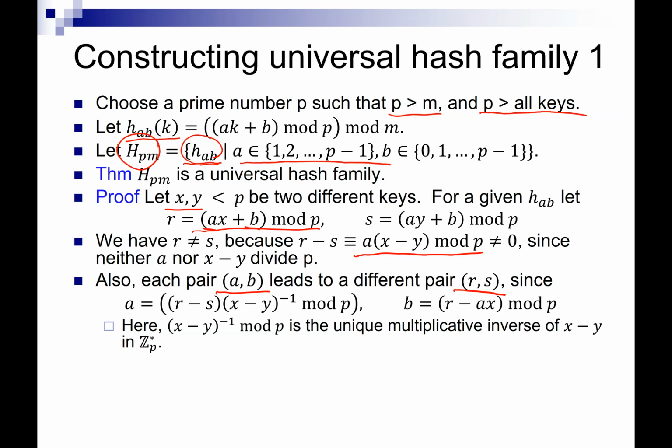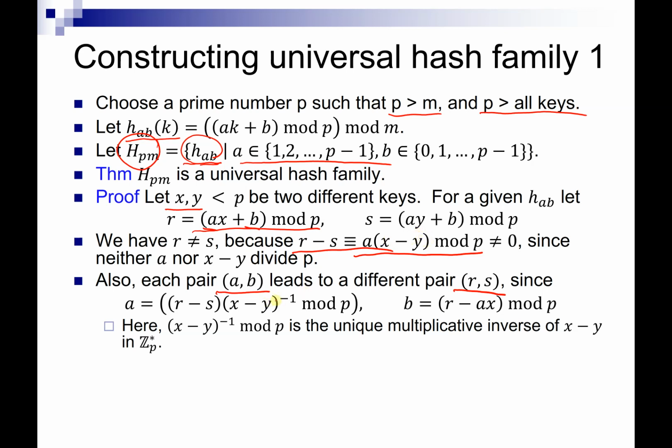In particular, we have that r minus s equals a times x minus y modulo p. So we can just do r minus s times the inverse of x minus y. This is kind of like dividing by x minus y, except that when you're working modulo p, you can't really divide. You can just multiply by the multiplicative inverse of x minus y.